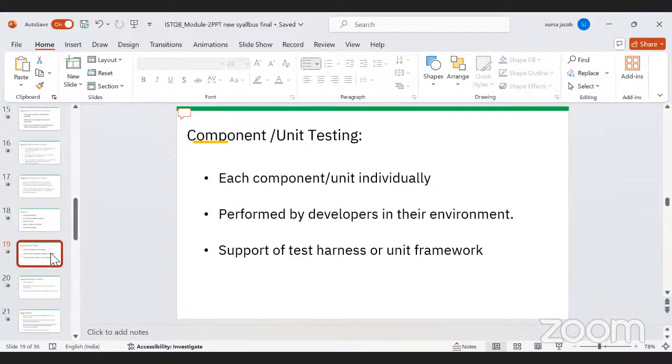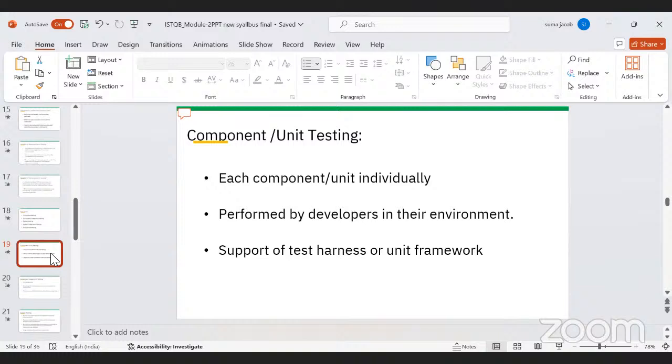It is not that any screw can be fitted into the car, right? Each part will be tested individually before it is integrated with the next part. The same thing happens in software as well. Each and every component or unit will be individually tested.